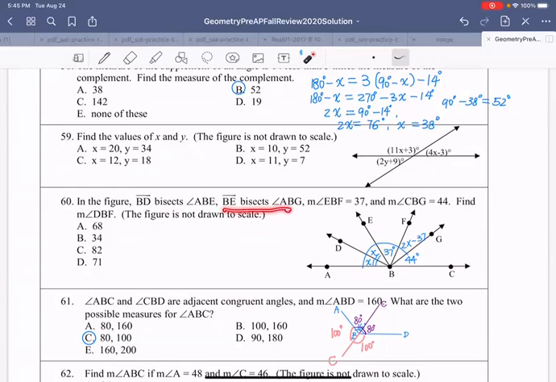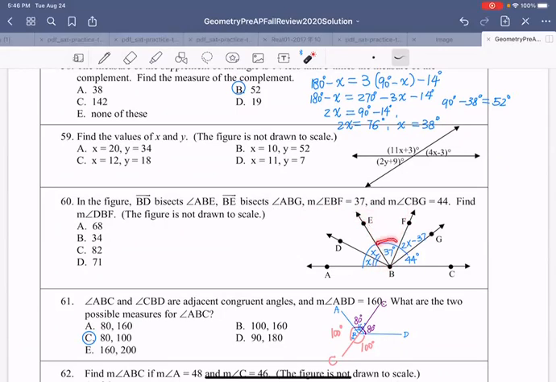Line BE bisects angle ABG. BE bisects ABG, right? So these two pieces are equal. If this guy is 2x, how much is this? Also 2x. Very good. And next, angle EBF equals 37 degrees.